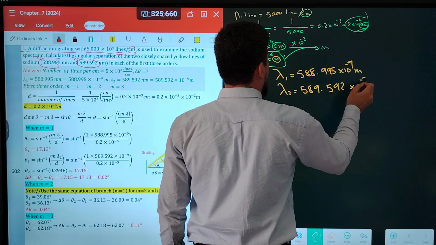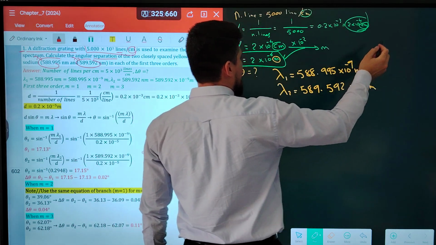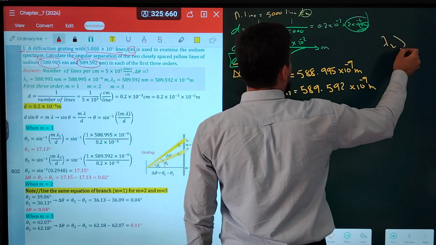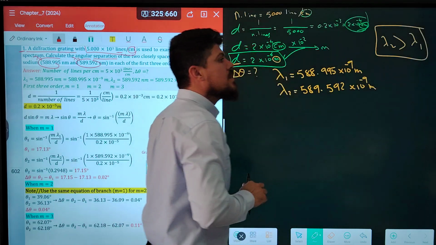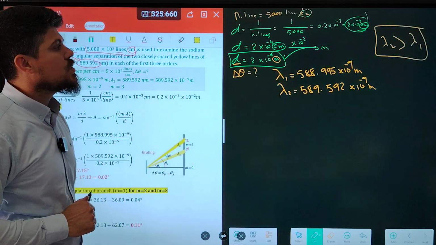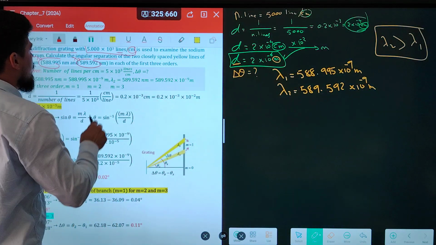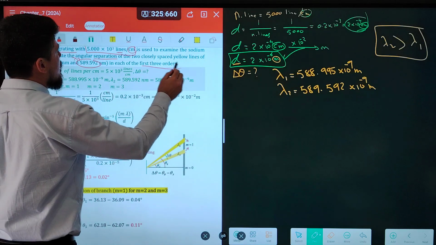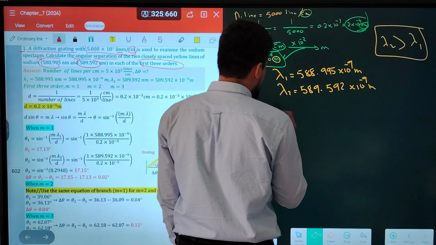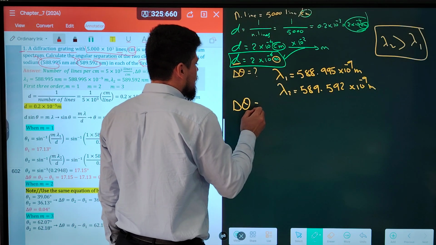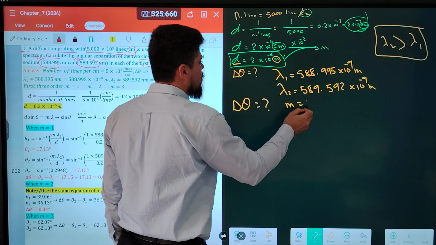So absolutely lambda 2 is bigger than lambda 1, and at constant order number theta 2 should be bigger than theta 1 in each of the first three orders. First three orders means that when we find delta theta, when m is equal to what? 1.